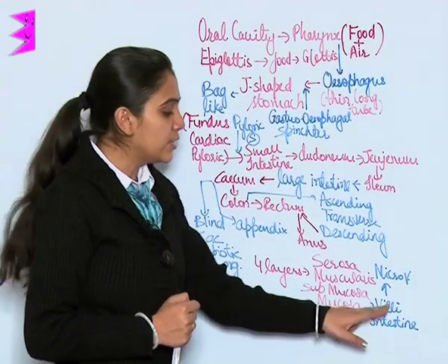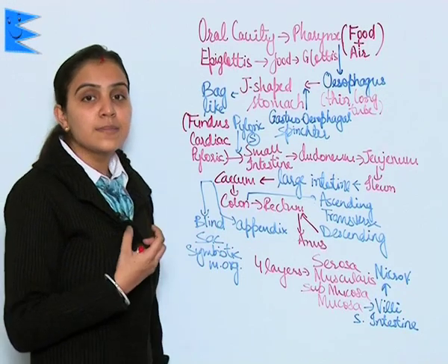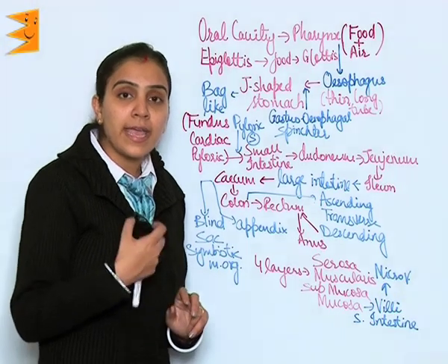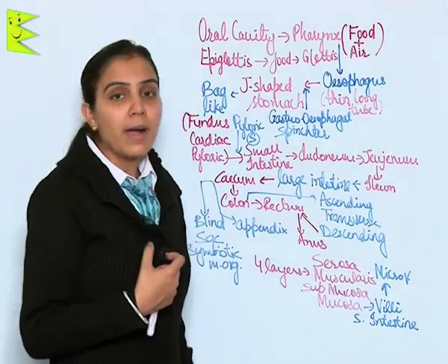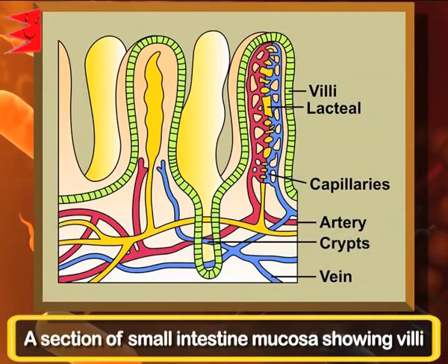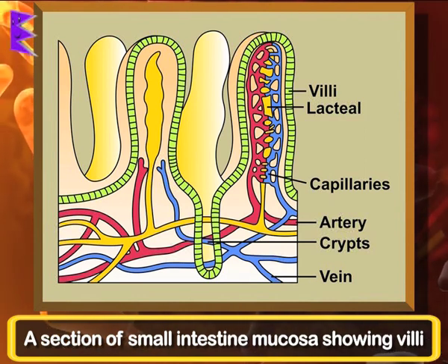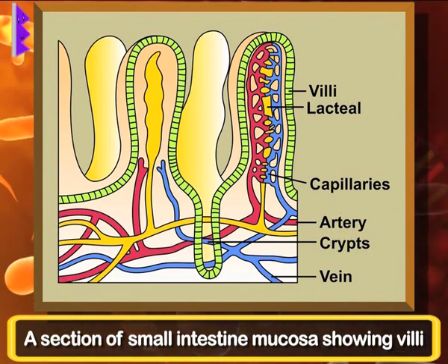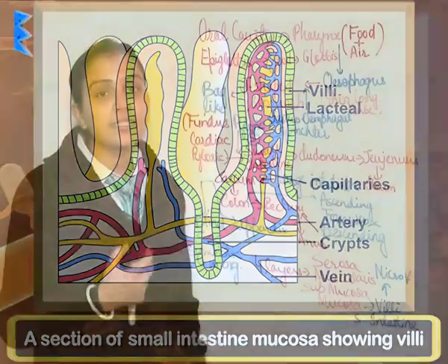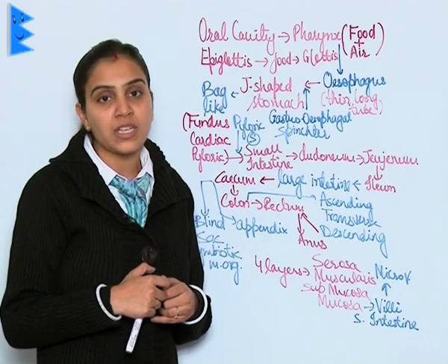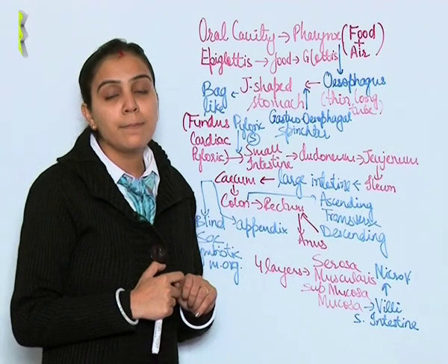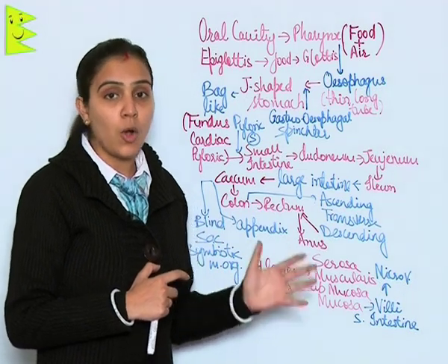It gives rise to the formation of villi, small projections in the small intestine, and villi further give rise to microvilli, which give it a brush-border-like appearance, as you can see in the diagram. The presence of villi and microvilli increases the surface area, hence increases absorption from the small intestine. That's why the small intestine is the place where maximum absorption is observed.